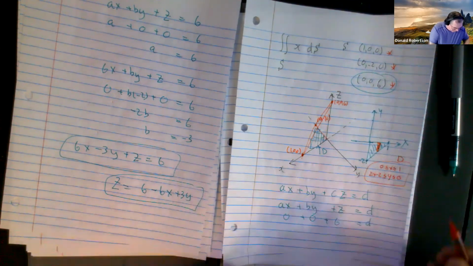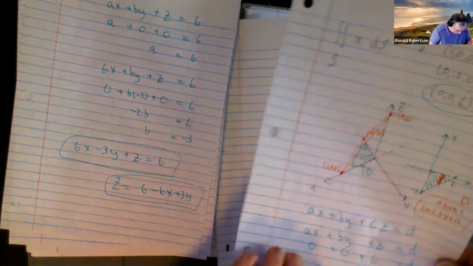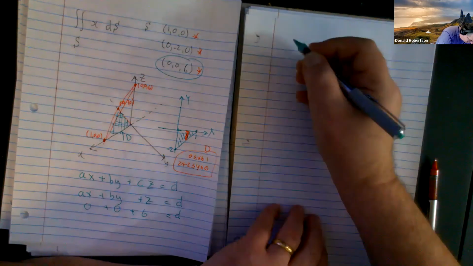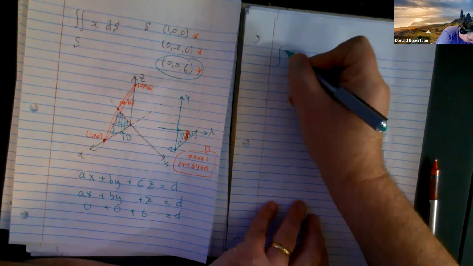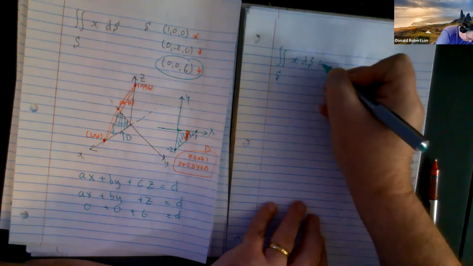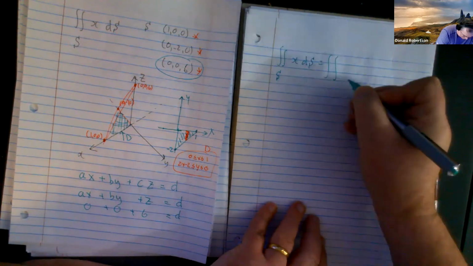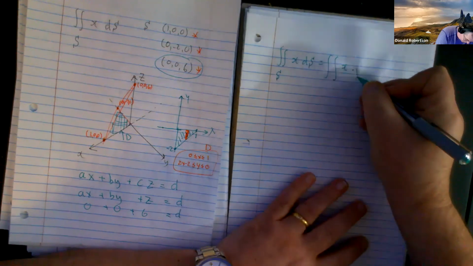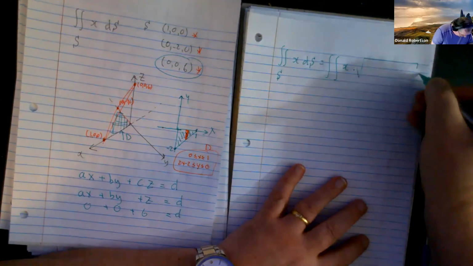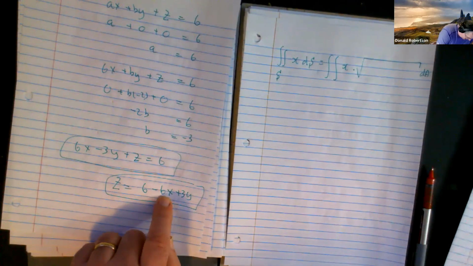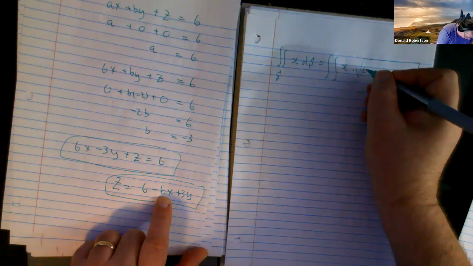Right, we've got all the pieces. Let's put them together. And we're done. So the surface integral of x dS is going to become the double integral of x, because there's no z's involved, followed by the square root of, where's my equation? Here it is. Differentiate that with respect to x, you get -6 and you square it.